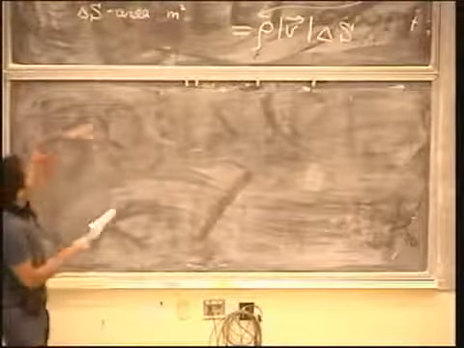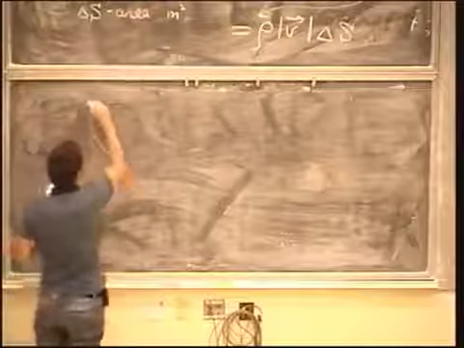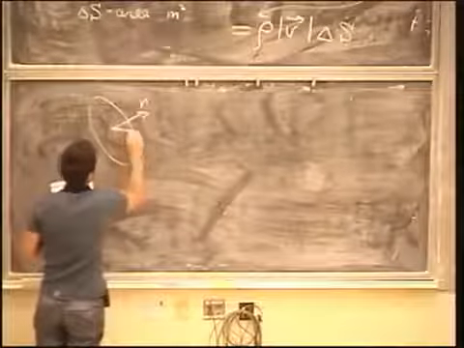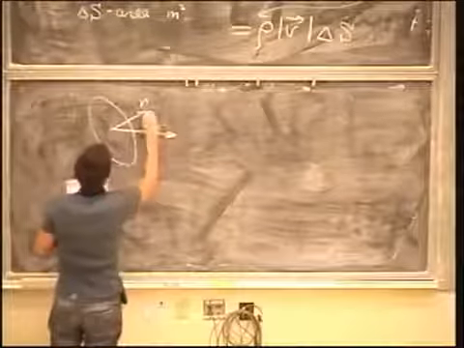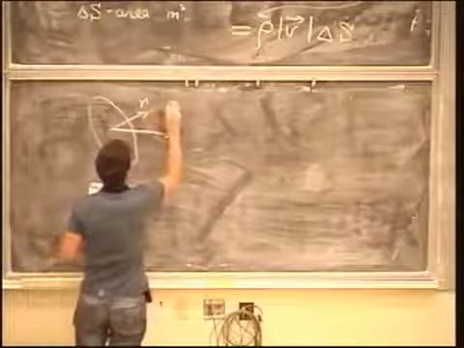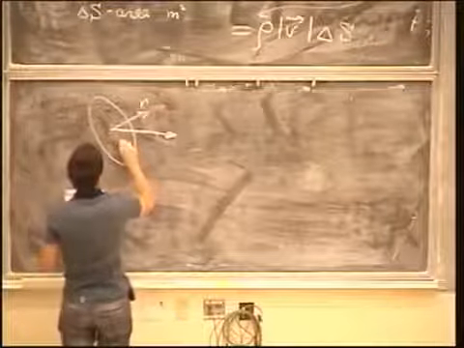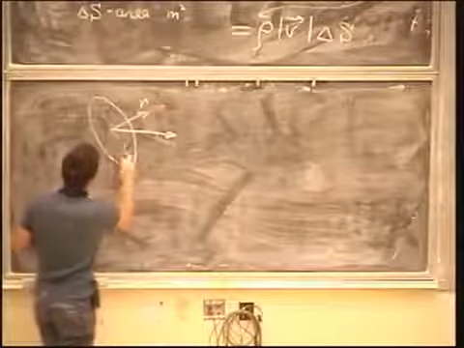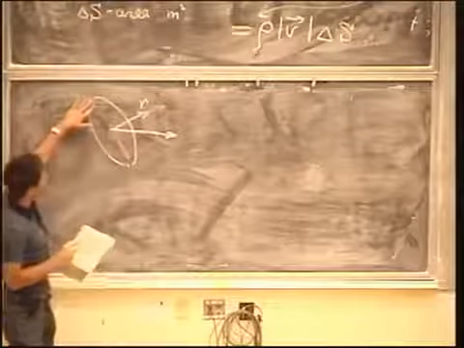Because you can decompose the velocity vector. So let me draw this picture one more time. This is my membrane, this is n, and this is V. So V has two components now. One is the normal component, which is this one, and the other is a tangential component. So you can think that the flow of the water through this membrane is combined of two different effects.